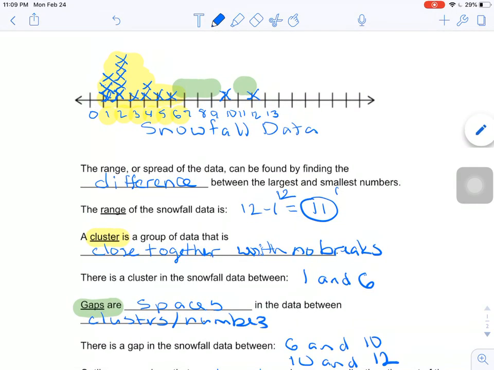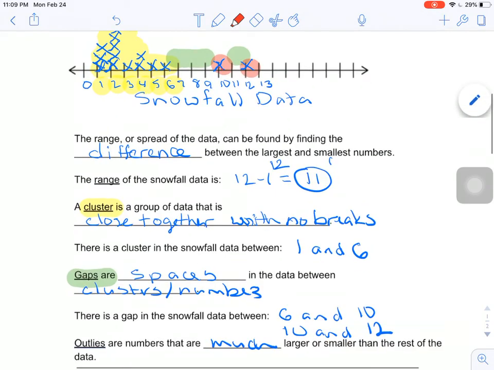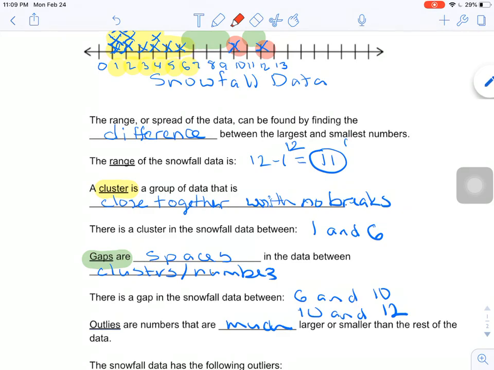So on a line plot, an outlier is going to look like a piece of data that's really far away from, or noticeably far away from, where the rest of the data is. So we could argue, especially since we've got that big old yellow cluster where almost all the data is, we could argue that 10 and 12 are outliers because they're noticeably far removed from the rest of the data.